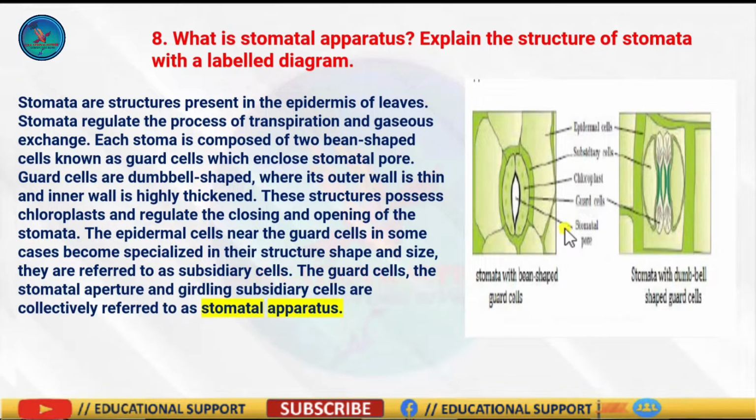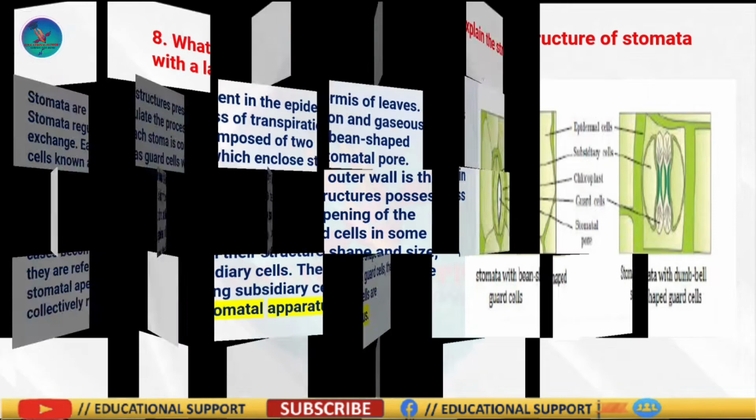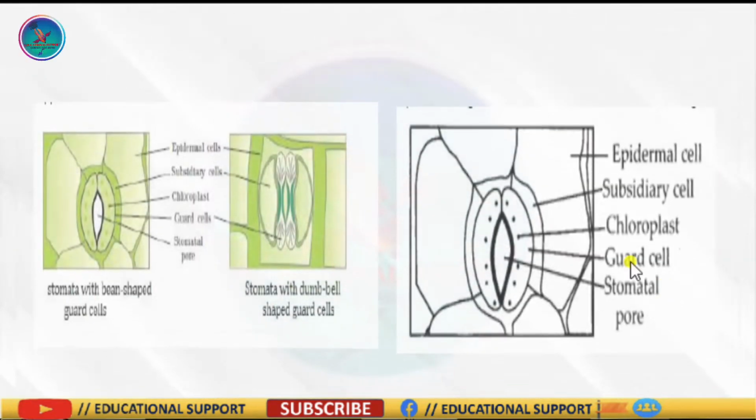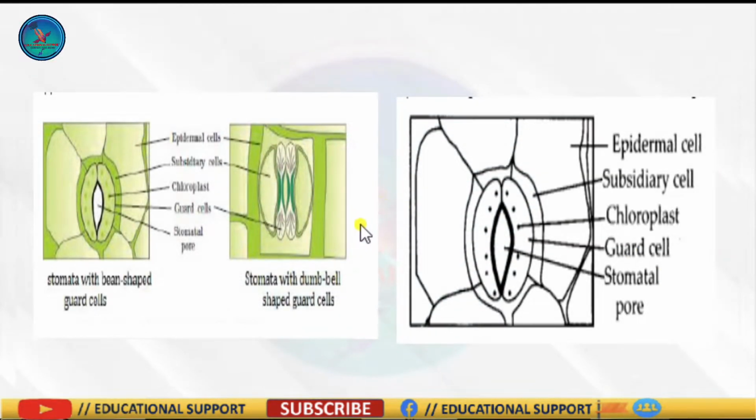So the stomatal aperture, the guard cells and the surrounding cells are together called the stomatal apparatus. You can see in this picture very clearly, and this is a diagrammatic representation of the stomatal apparatus.